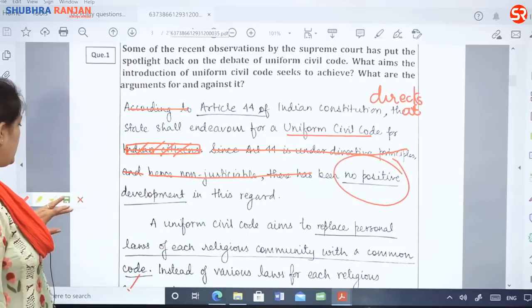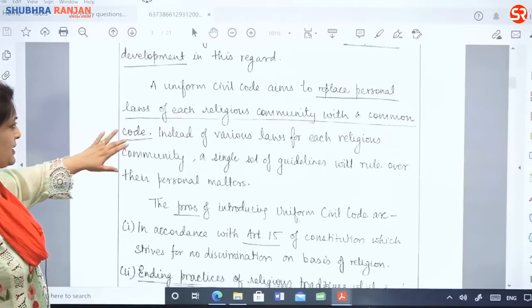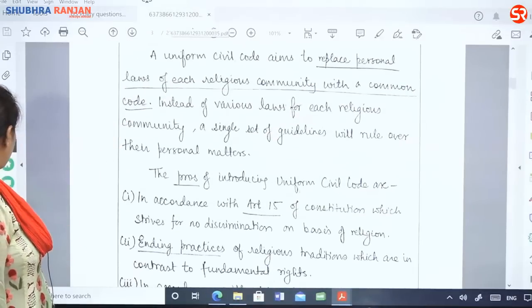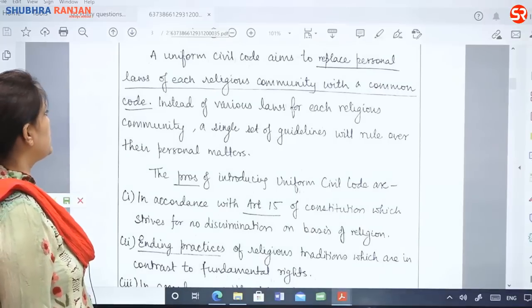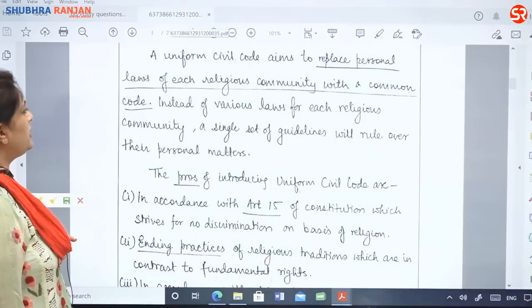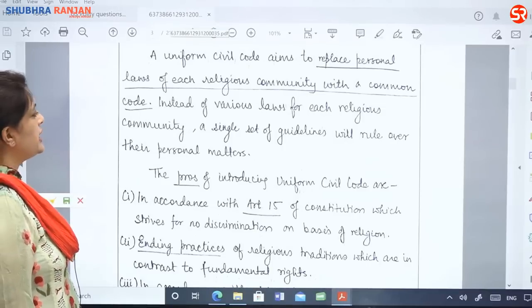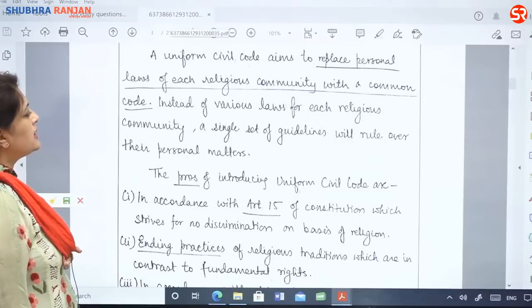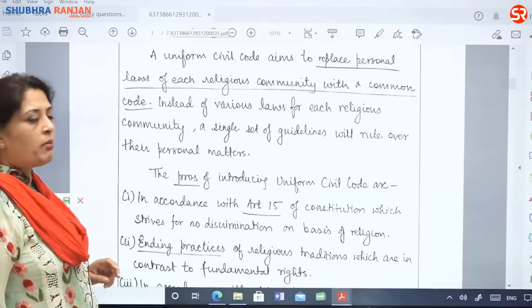Anyway, let us see how we will evaluate this. A uniform civil code aims to replace the personal laws of each religious community with a common code. Instead of various laws for each religious community, a single set of guidelines will rule over their personal matters.